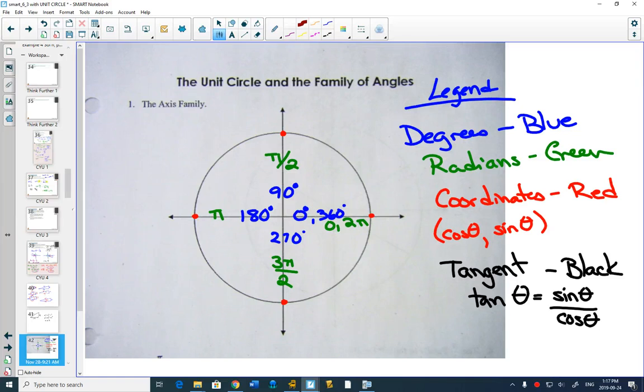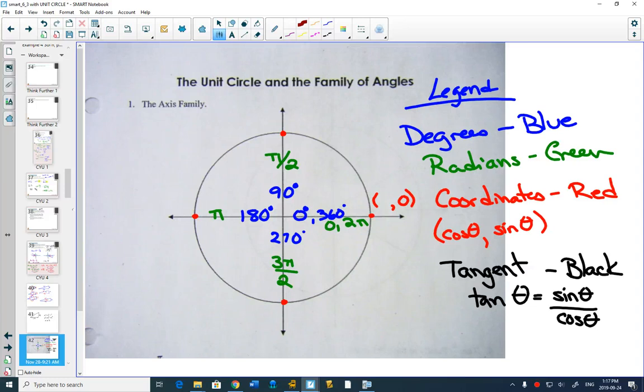If the radius of this circle is 1, what's the coordinates of that point? What's the y coordinate? 0. What's the x coordinate?